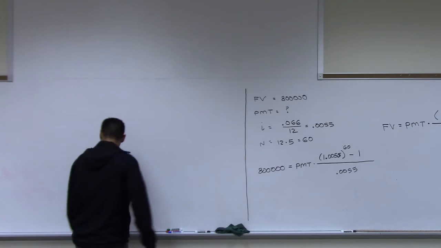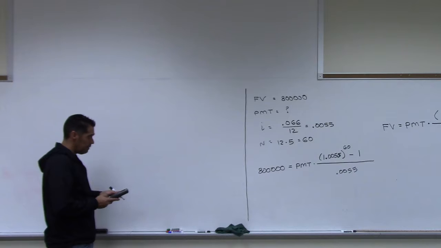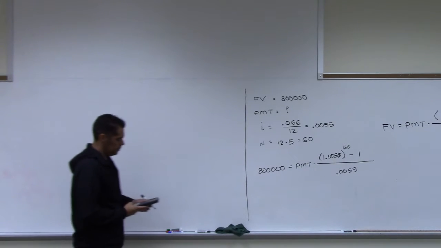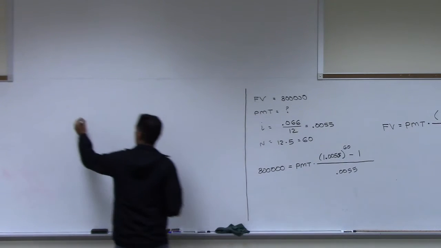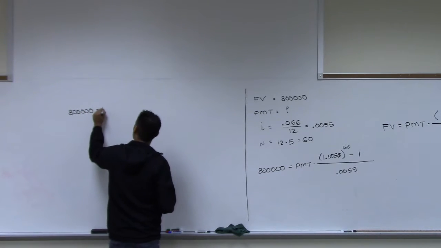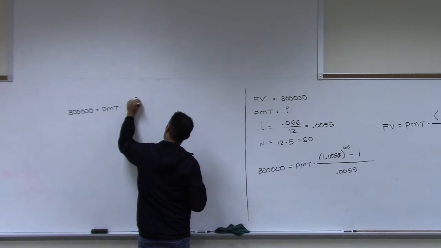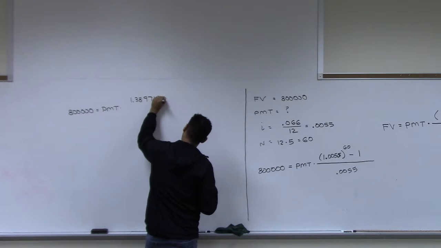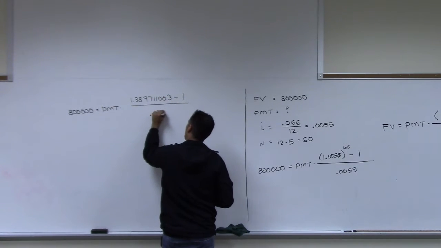All right, let's calculate. You're going to do the 1.0055 raised to the 60th first. So then you will have 800,000 equals payment times, I got 1.3897110003 minus 1 over 0.0055.